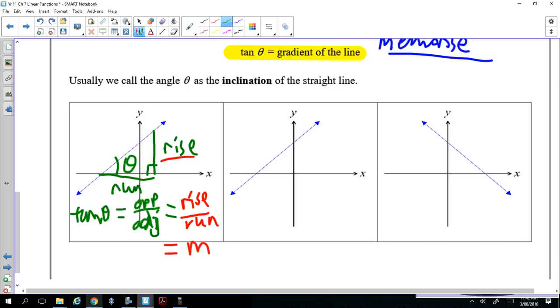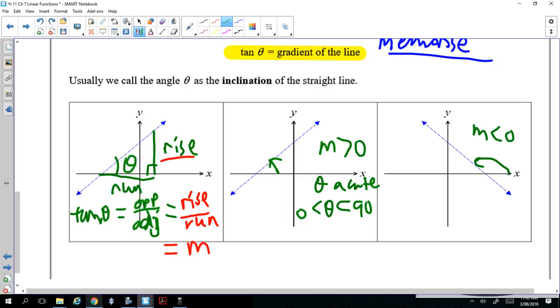And what happens if the gradient is negative? Theta will be obtuse. And when theta is obtuse, it's in the second quadrant, which is between 90 and 180. Because tan is positive in the first quadrant, and tan is negative in the second quadrant.